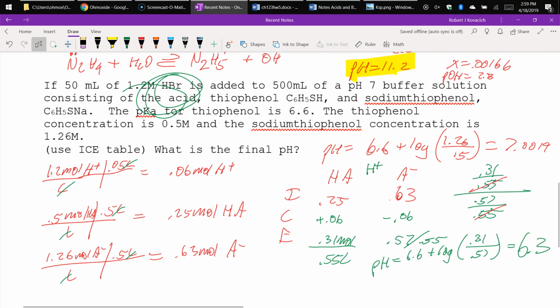Yeah, I switched the acid and the base. It shouldn't matter, right? So 0.31 divided by 0.55 and 0.57 divided by 0.55. So then 6.6 plus log that divided by that, close parentheses, equals. Sorry, I got 0.63. That's weird.